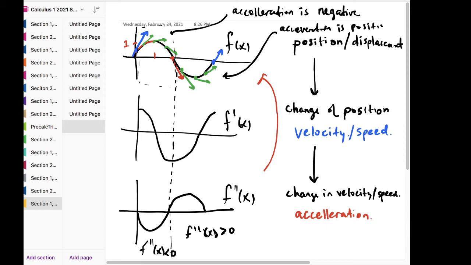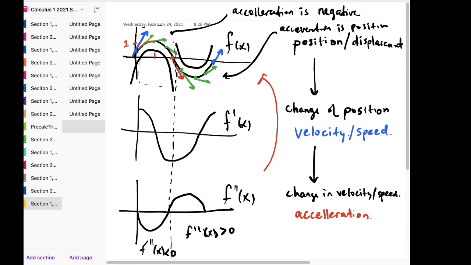If you think about it, what does the second derivative tell you? It tells you the shape of your graph in that region. In this region, the shape looks like this, the cup is downward. What is the shape in this region? It's an upward cup. This is what the second derivative tells you.